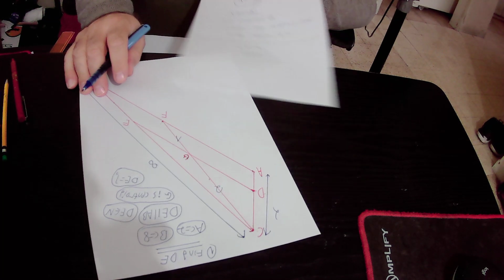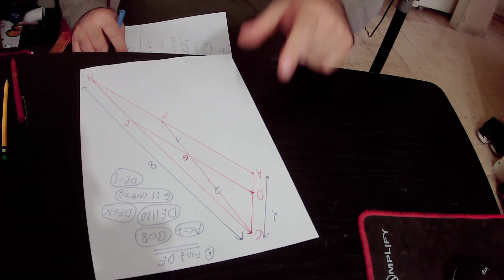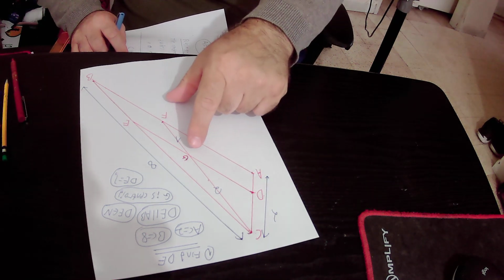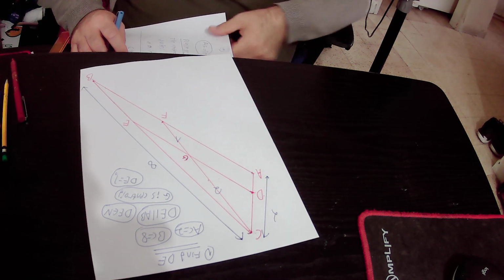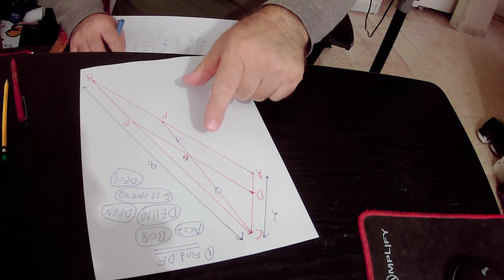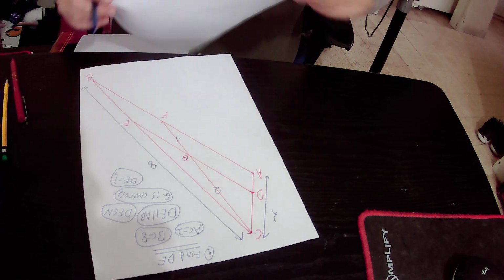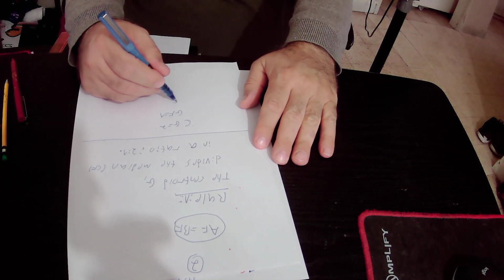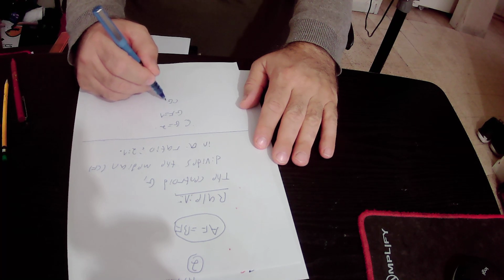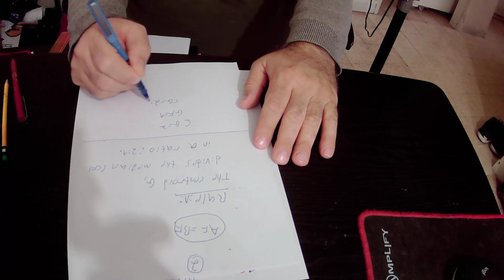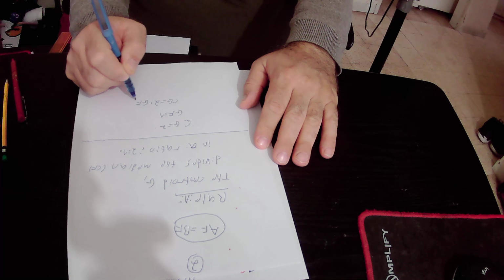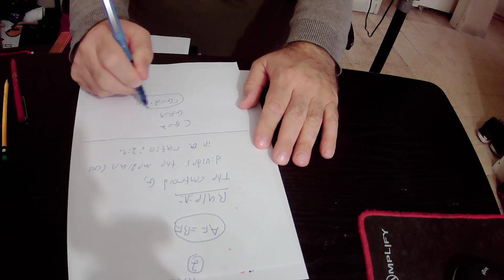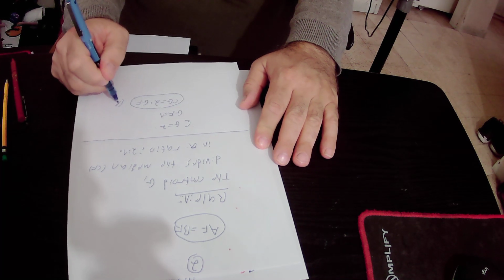And we also can say that CG is twice as large as GF. So CG equals 2 times GF. That is according to rule number 1. Okay.